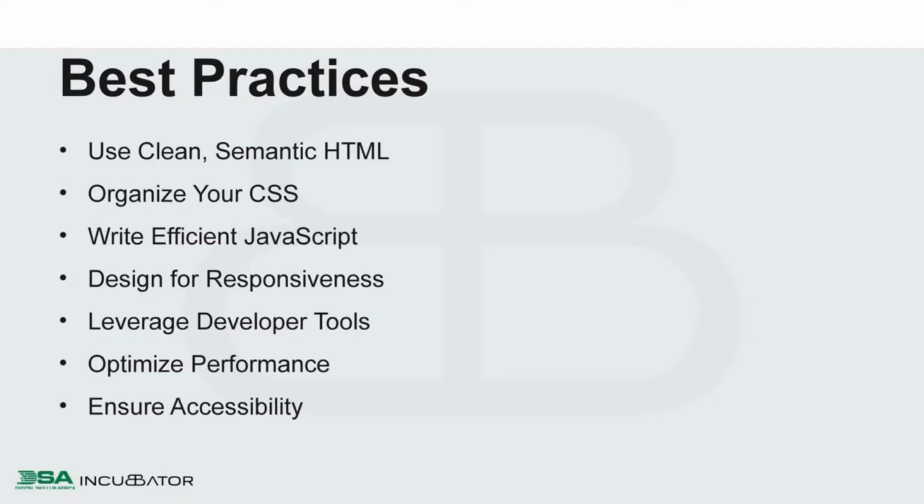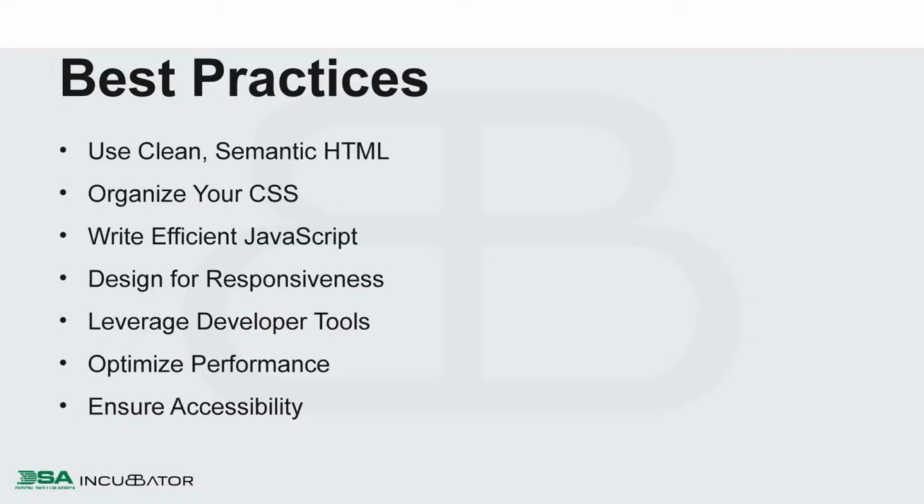Okay, so best practices. I won't spend much time on this part. So use clean and semantic HTML. I will explain what semantic HTML means. So when giving tags names, for instance, now I showed you guys we have headers, right?